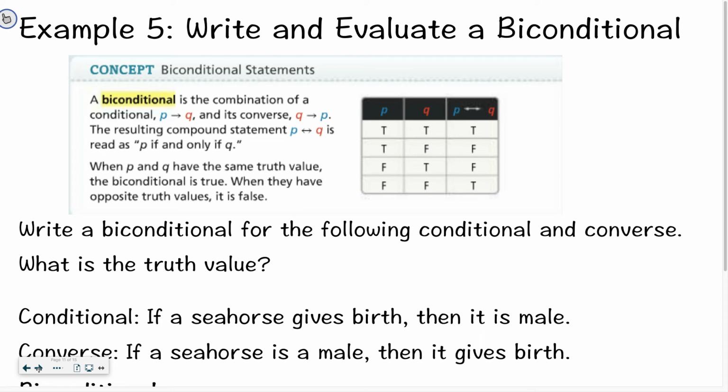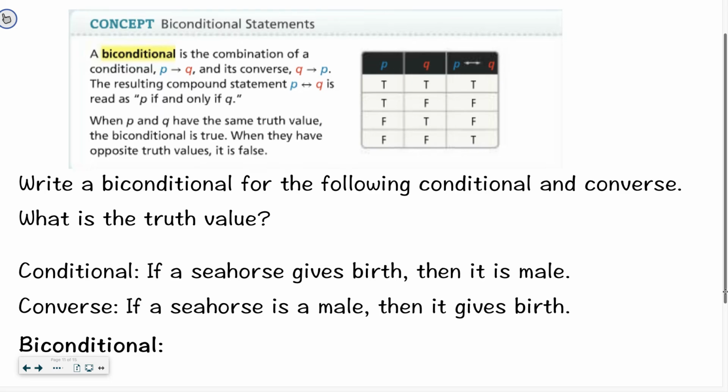All right, example 5, let's talk about biconditionals. So we want to write and evaluate a biconditional. So first of all, a biconditional is the combination of two different conditionals, okay? So the conditional and the converse. The resulting compound statement is read as P if and only if Q. Now, I know we're doing a lot of writing today, so I'm going to teach you a shortcut.